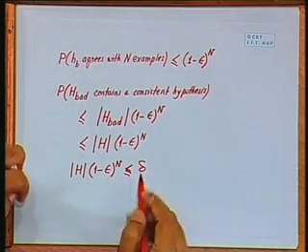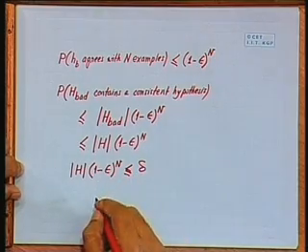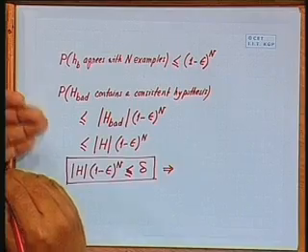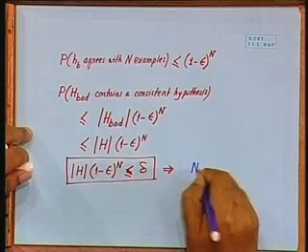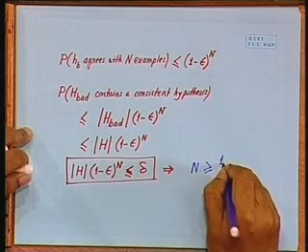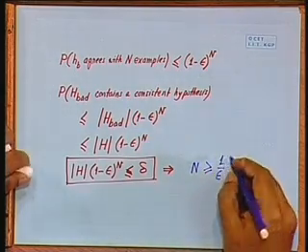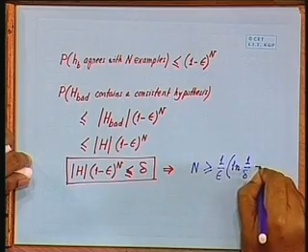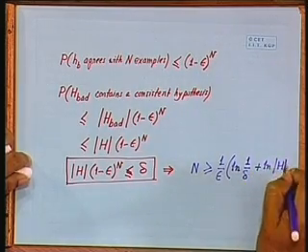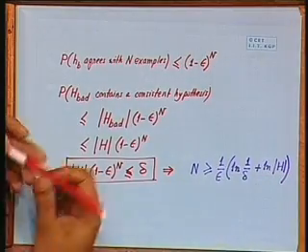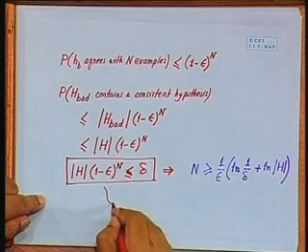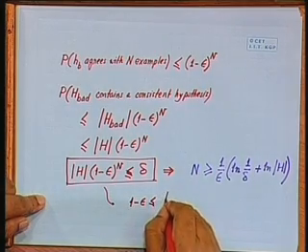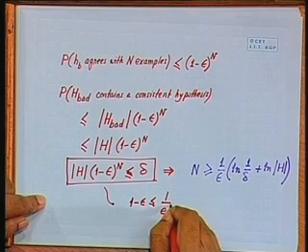Now, given this, we can derive the expression for n, which is greater than or equal to 1 by epsilon times ln, natural log, of 1 by delta plus the log of the cardinality of H. We can get this by applying that 1 minus epsilon is less than or equal to 1 by e to the power of epsilon.